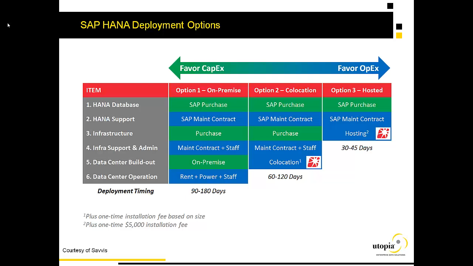Staff is a significant cost, as is rent, but power, the power consumption for the servers, the networking boxes, all of those various electronic components, is not a trivial expense.